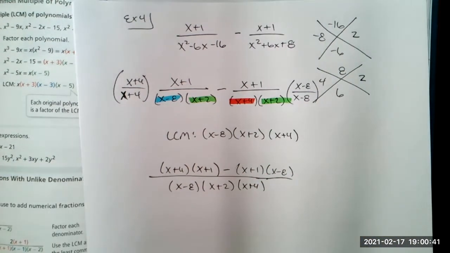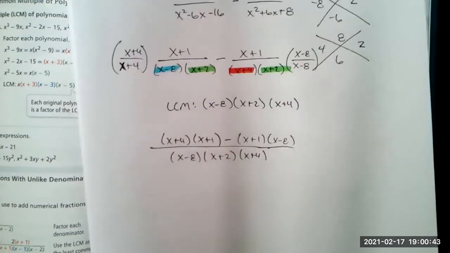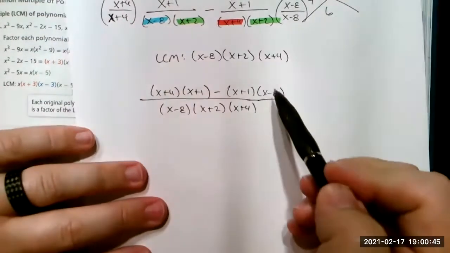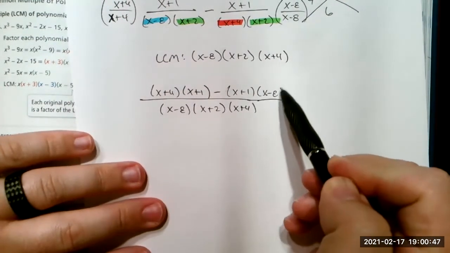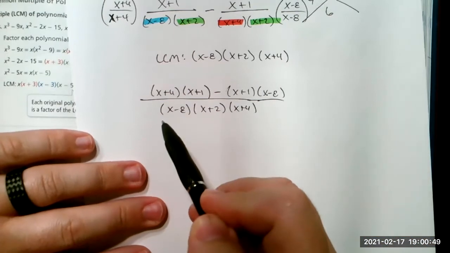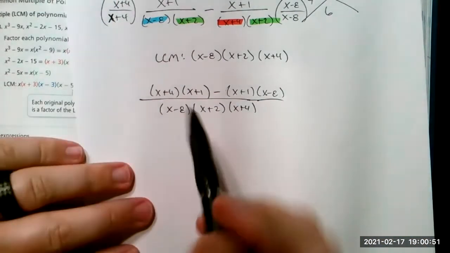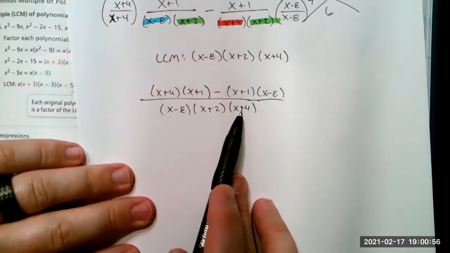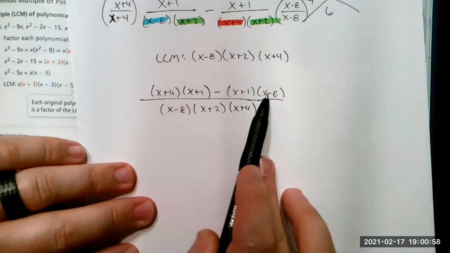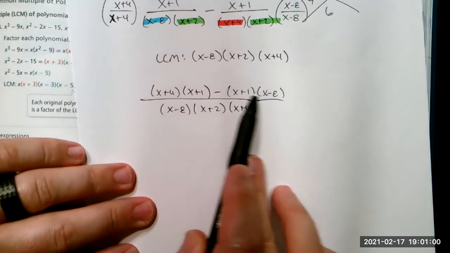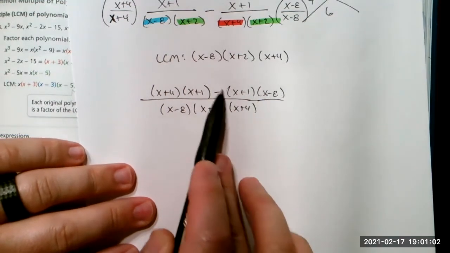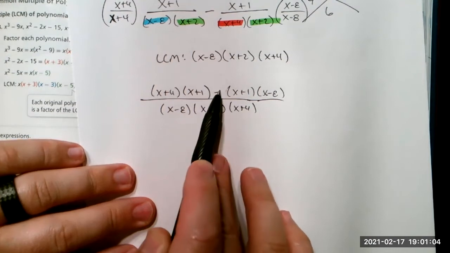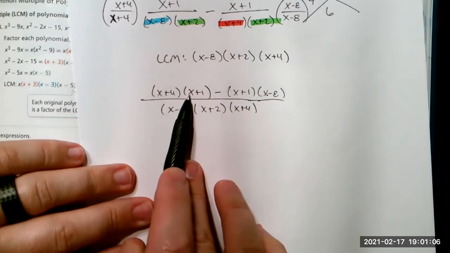We cannot, let me stress this again. Here's a perfect example. I cannot cancel out this x minus 8 and this x minus 8. Here's the reason why. This x minus 8 is being multiplied by other things. So that would be okay. But this x minus 8, even though it's being multiplied by x plus 1, it's being subtracted from the first set of parentheses.